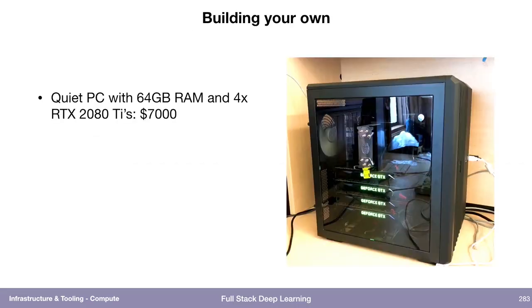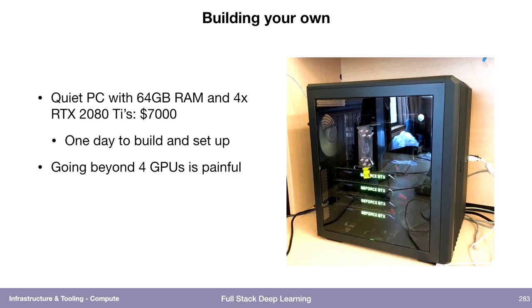Building your own is about $7,000 for 4 2080 Tis. I think every single time we've taught this class, at least one person has gone out and built a machine as a result of it. So I think it's fun to do. If you're just starting out, it's a good rite of passage. It takes about a day to build and set it all up. Going beyond 4 GPUs, you're now in server enclosure mode and rack mount, and it's very loud and difficult to do.